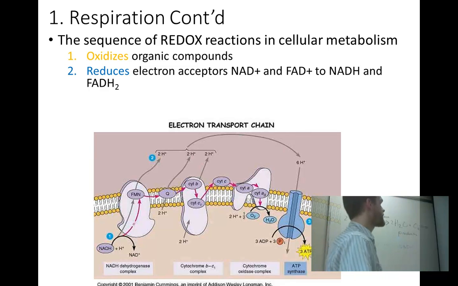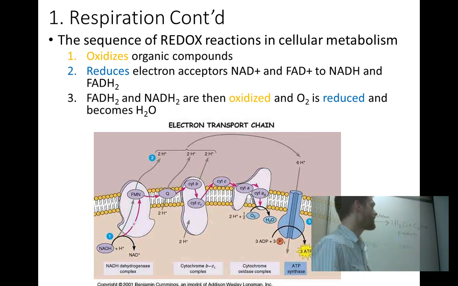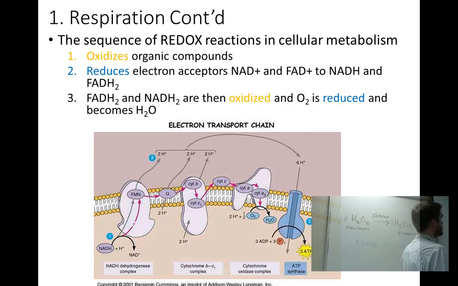And then it also reduces NAD+ and FAD+. FAD+ is a very similar molecule to NAD+. But it reduces them to NADH and FADH2. Then FADH2 and NADH are oxidized, and O2 is reduced and becomes water.